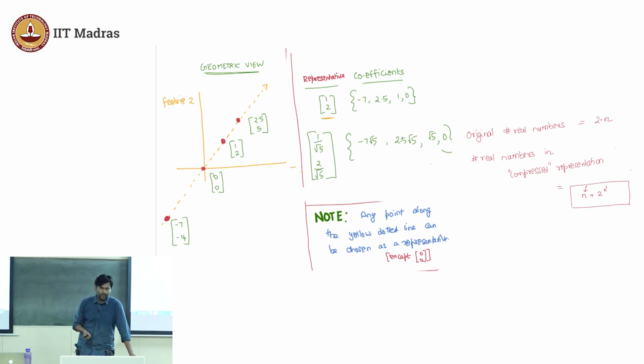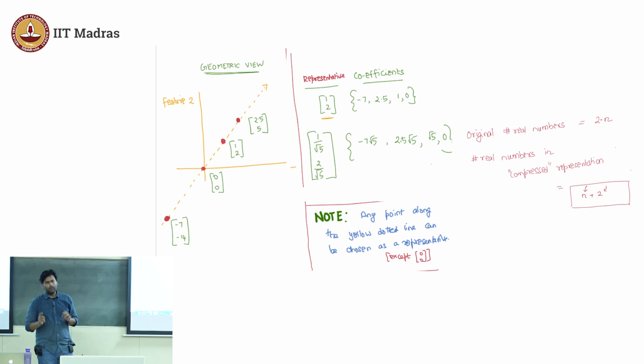That doesn't look like a big deal. But if you had a billion data points, instead of storing 2 billion numbers, you would only have to store a billion plus 2, which is almost a 50% reduction in storage, right. As n becomes bigger and bigger, and of course we are all going to become data scientists at some point and have to deal with big data, the more the reduction, the better. So in some sense that's a useful thing.